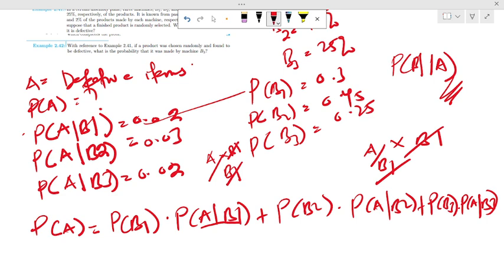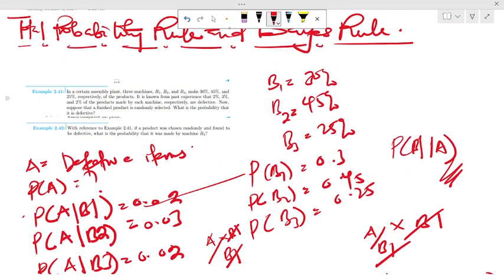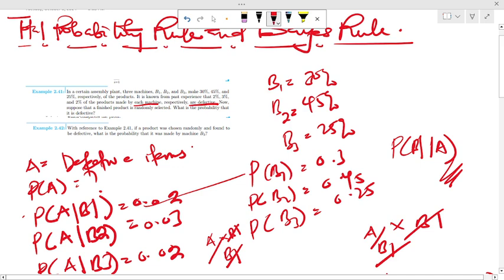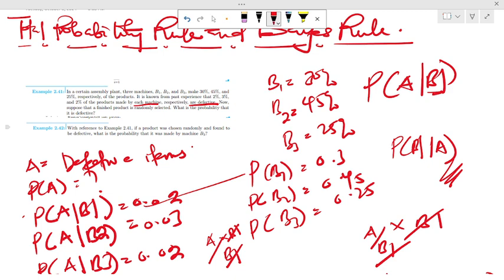But if you read this question well, it says that it is known from past experience that the products made by machine B1, because they specified the machine first before they told you that the products are defective. So it means that it is produced by machine B1 that are defective. I don't know if you get it. That's how you represent it, because they are saying the products made by each machine respectively are defective.